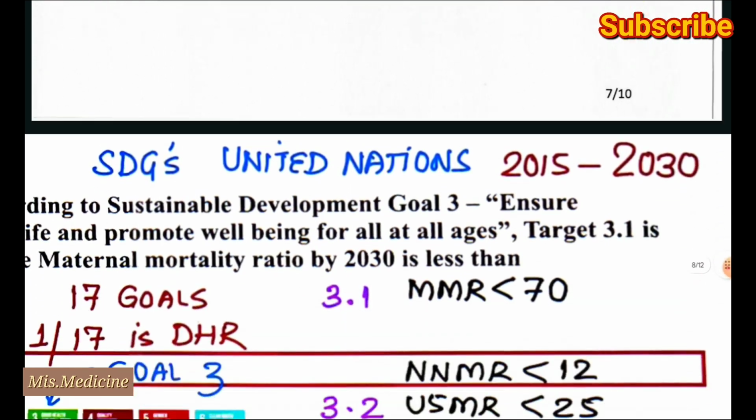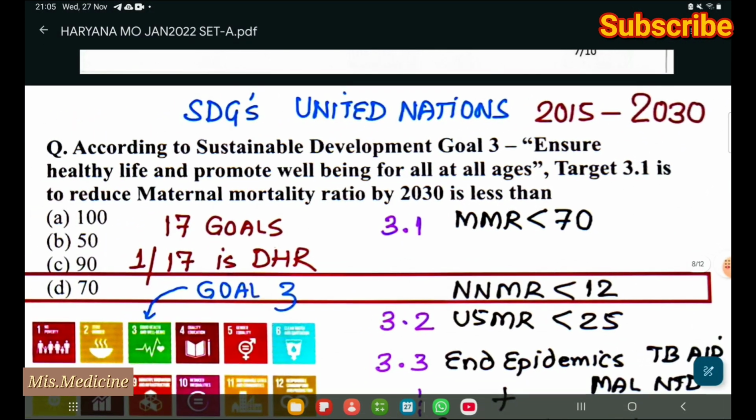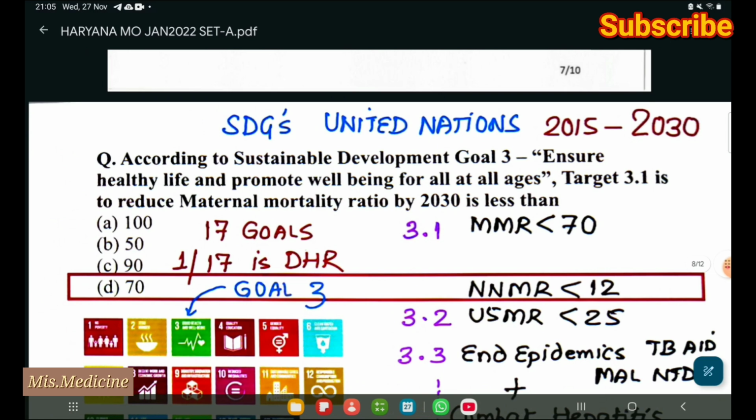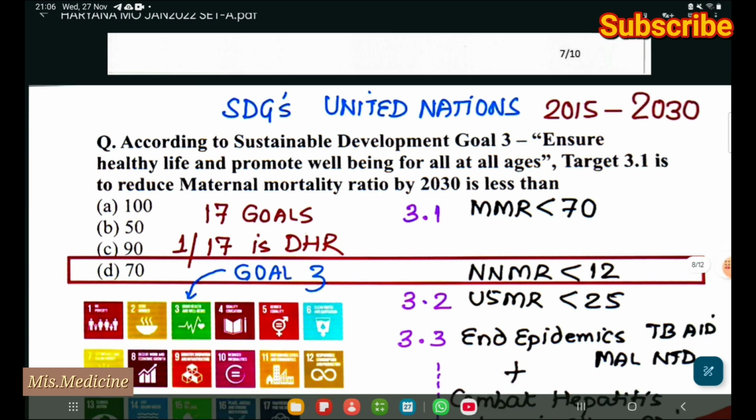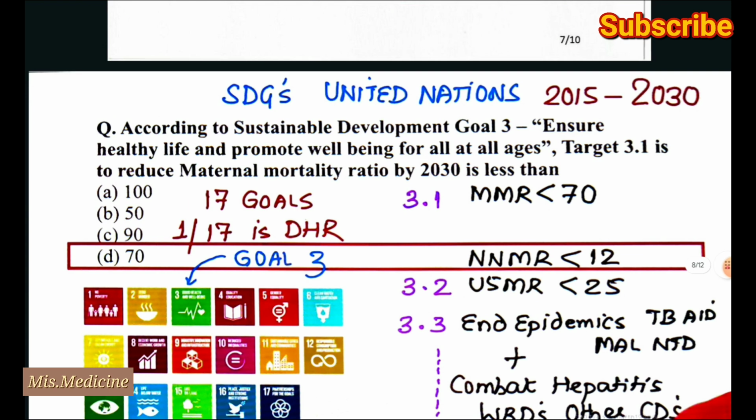Okay, the next question is: according to Sustainable Development Goal 3, ensure healthy life and promote well-being for all, the target 3.1 is to reduce the maternal mortality ratio by 2030 to less than 70. The MMR is less than 70 and NNMR is less than 12.